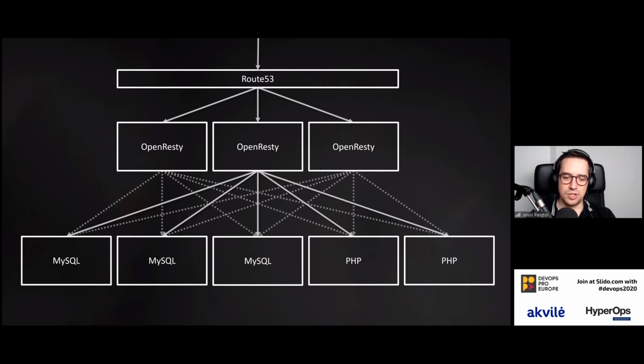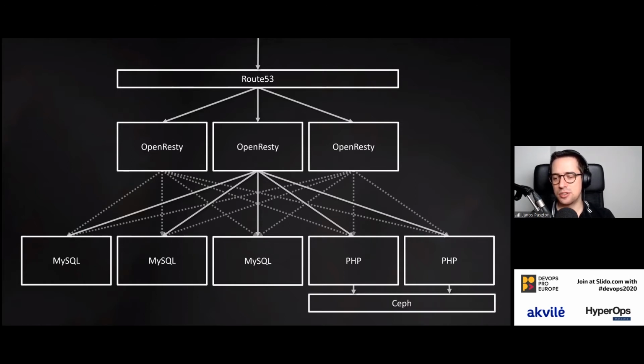it. So the MySQL database stored the location information where each customer's PHP container was running, so OpenResty could direct the traffic there. Now, the PHP containers were using a Ceph distributed file system, which would be worth its own talk with all the pain it's caused.